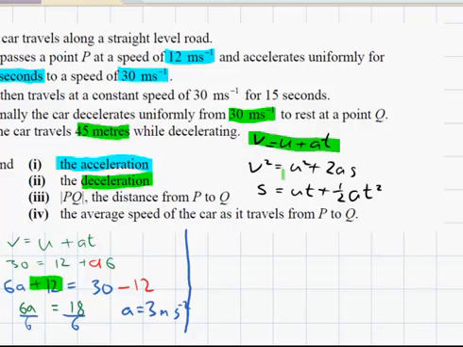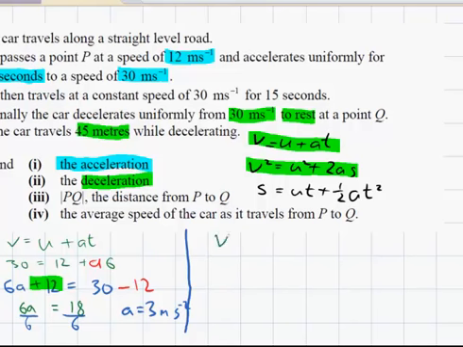We're not given a time; it's to rest, so we're given the final speed and initial speed, and we're looking for deceleration. Since we're given distance, this is the equation we'd want to be using. So we will sub in the values we know.